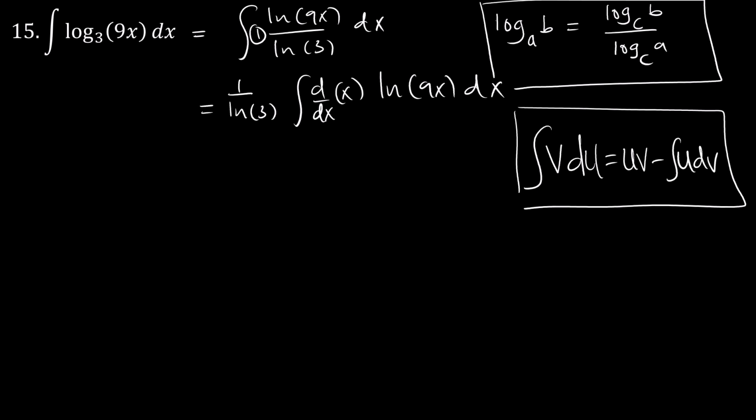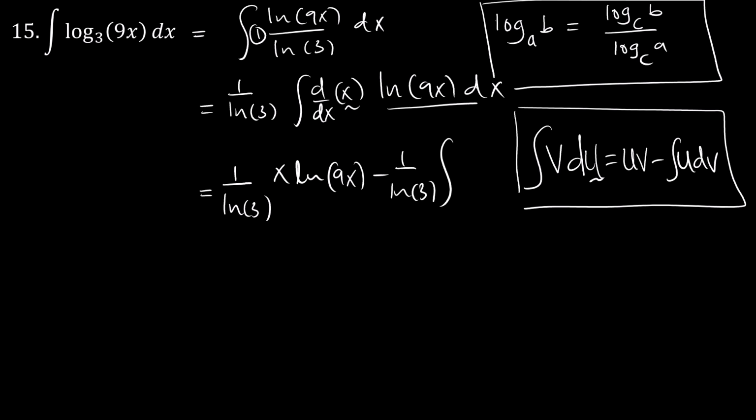And so if we take x to be our u and v to be the natural logarithm of 9x, then we have 1 over natural logarithm of 3 times x natural logarithm of 9x minus 1 over natural logarithm of 3 times the integral of x times the derivative of natural logarithm of 9x, which is 9 over 9x. And so the 9's cancel, and then the x also cancel.